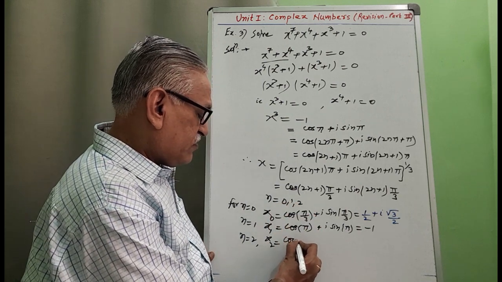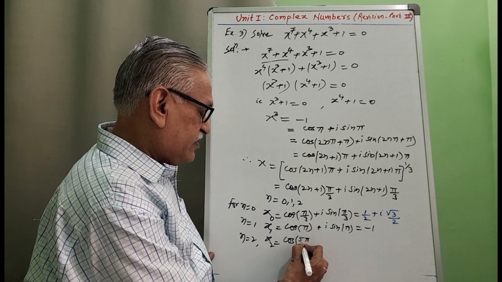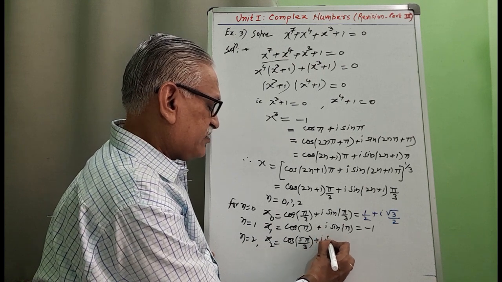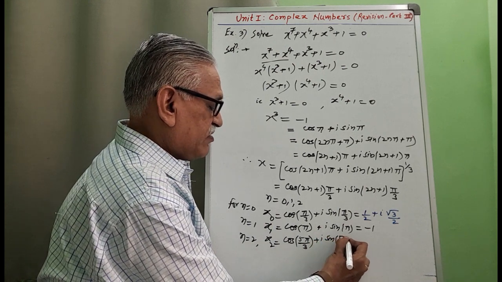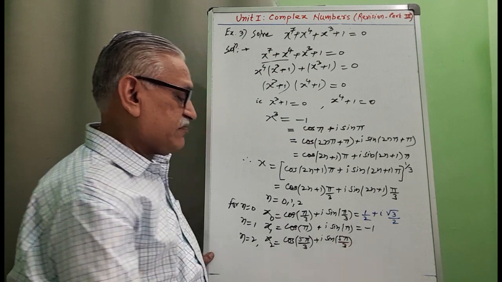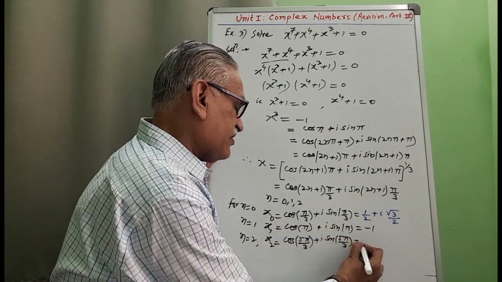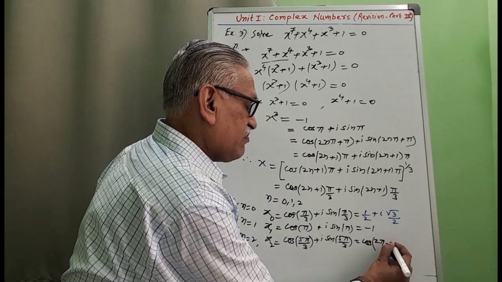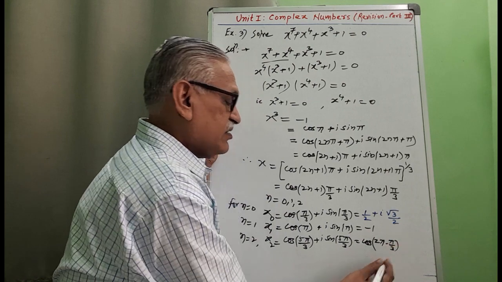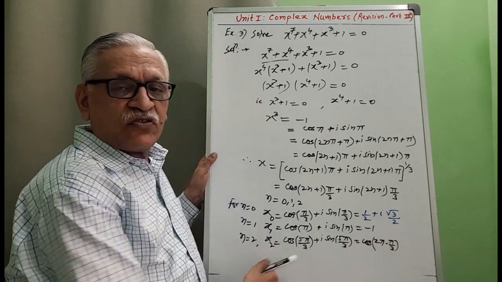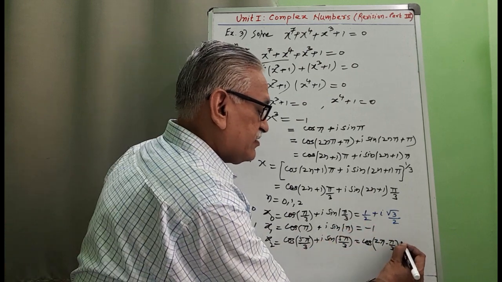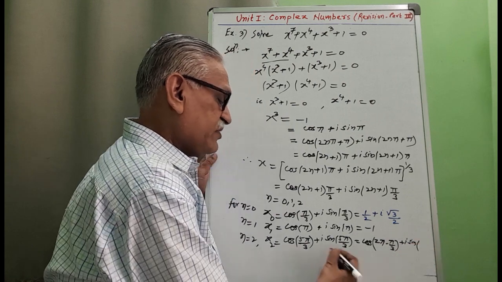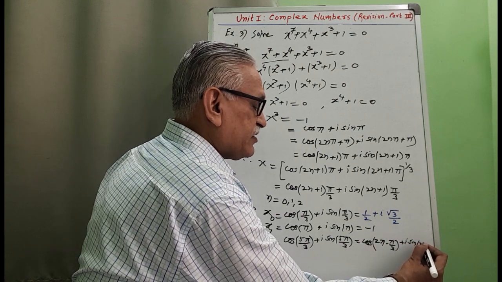Therefore it is cos of 5 pi by 3 plus I times sine of 5 pi by 3. This we can rewrite as cos of 2 pi minus pi by 3 plus I times sine of 2 pi minus pi by 3.